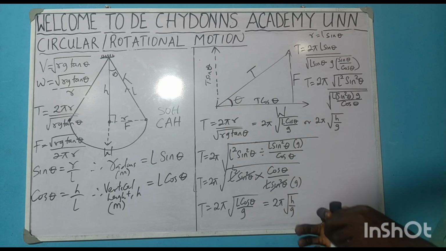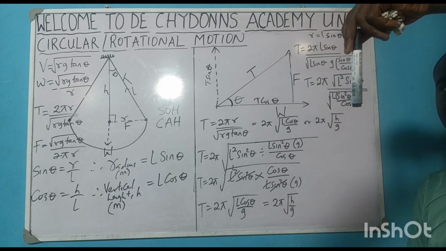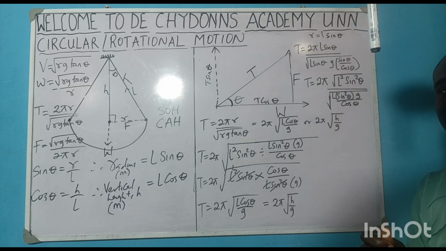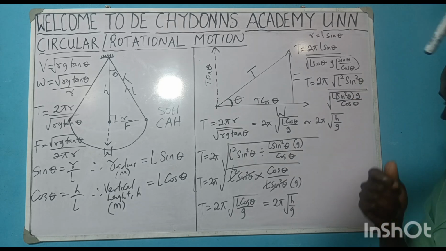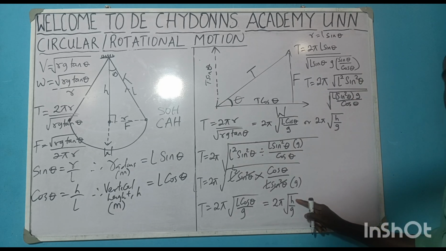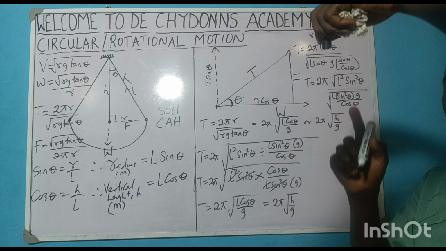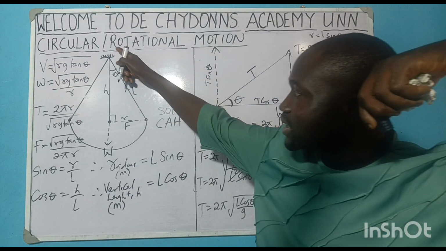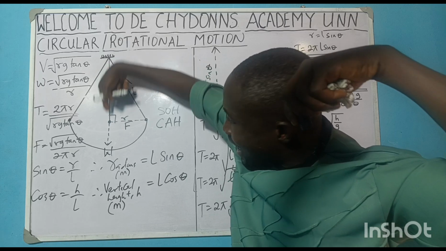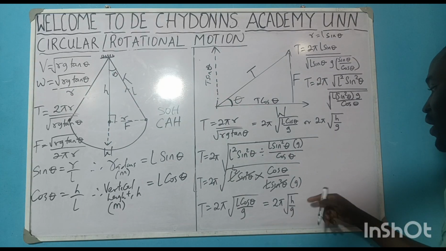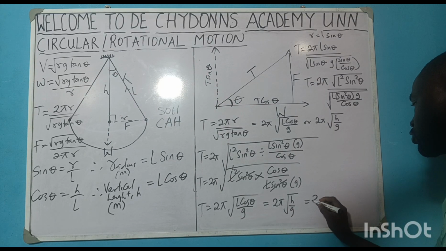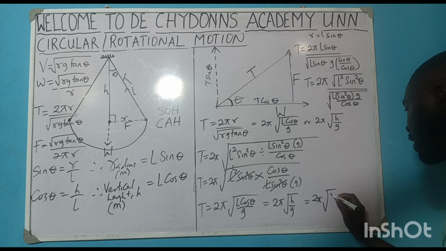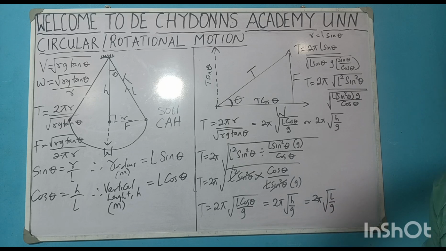Take for instance spring. Now spring, when you vibrate spring, it will be doing up down up down. Are you getting it? In that case, h you are seeing here can be called the length of the spring. The height of the spring here will now be equal to 2 pi root L over g, if you are talking about spring, for instance.